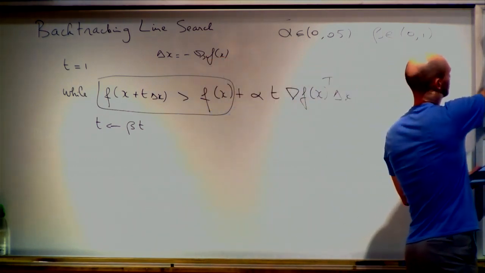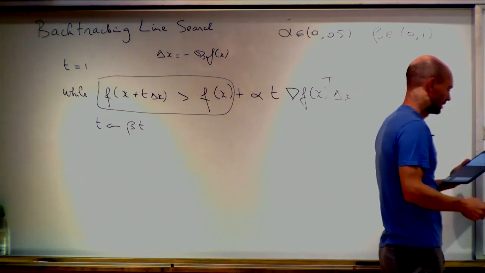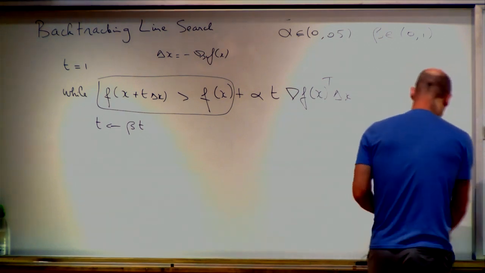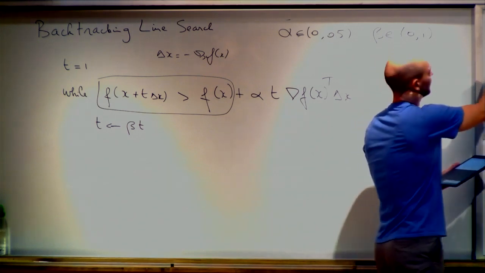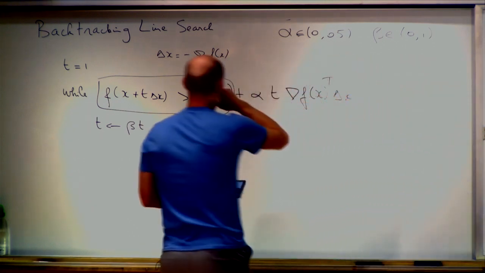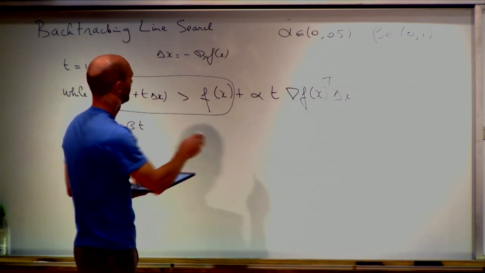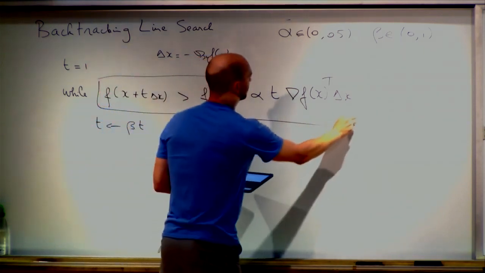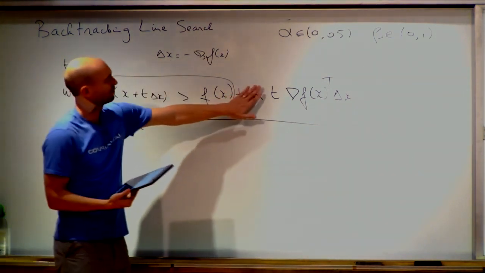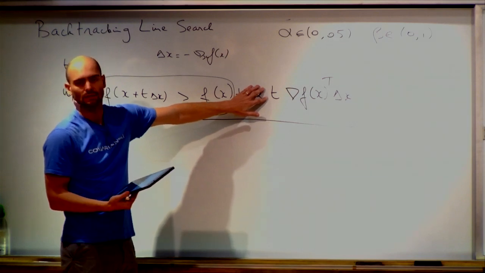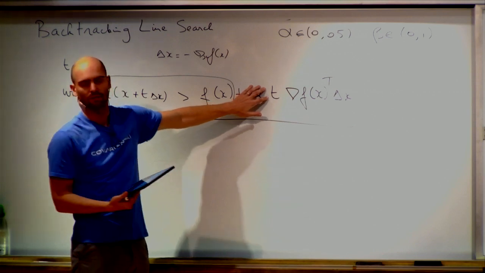So here's your function. Now, let's take a look at this thing here. What is this as a function of t? Let's ignore alpha for a moment. Let's say alpha equals 1. Then what this is essentially saying is, I'm looking at my linear approximation of my function f of x.